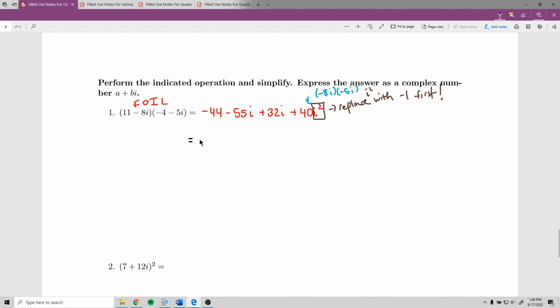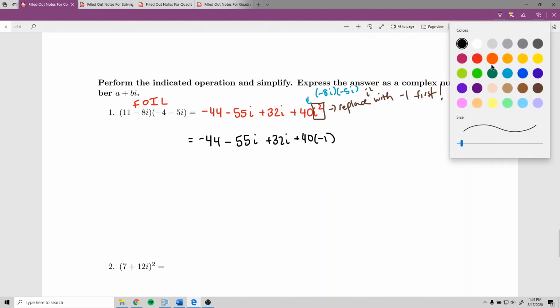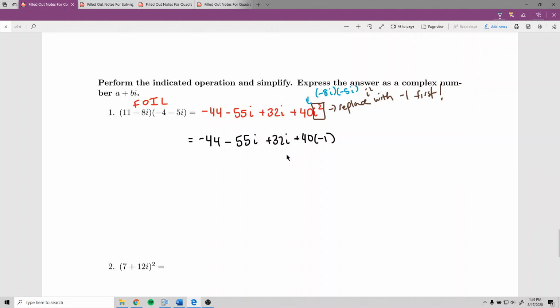So I got negative 44 minus 55i plus 32i and then plus 40 times negative 1. You might be able to simplify from here already, but I'm just going to multiply that negative 1. So 40 times negative 1 is negative 40.